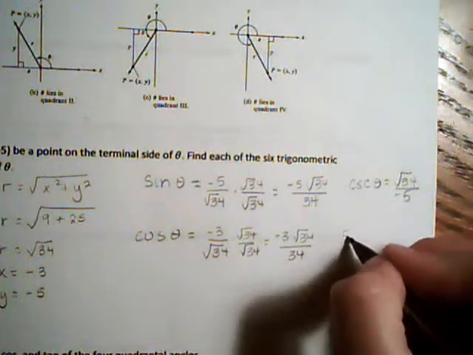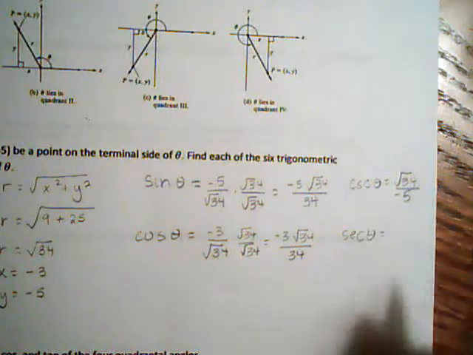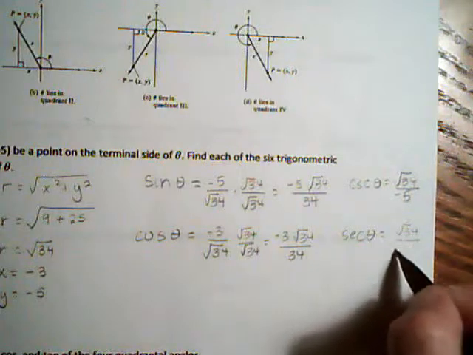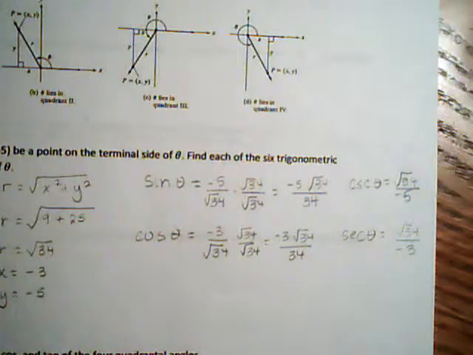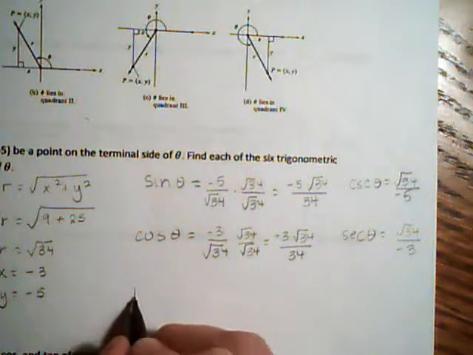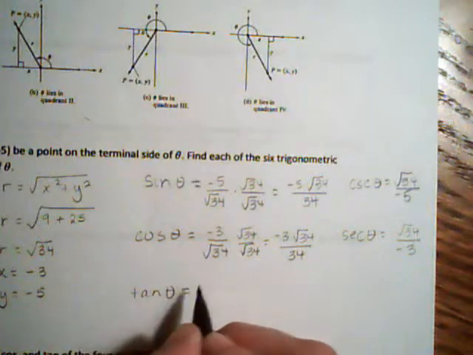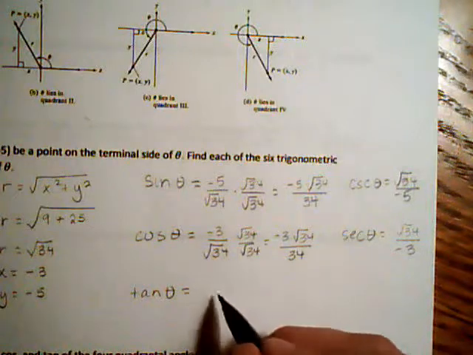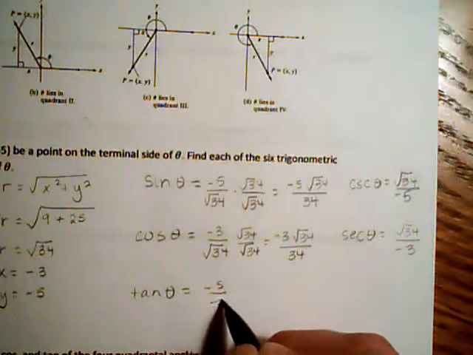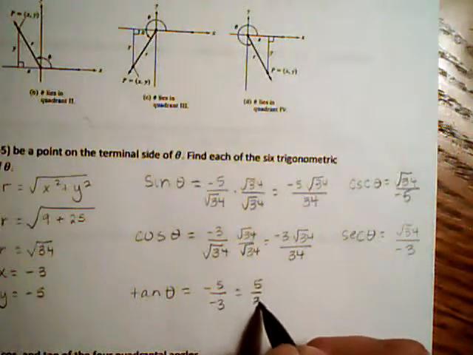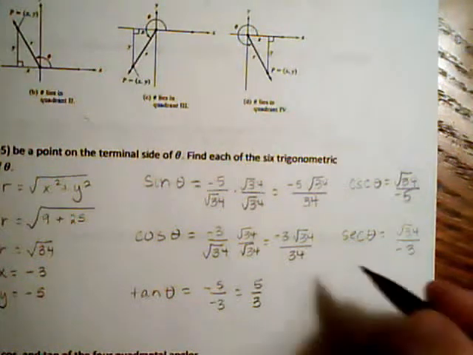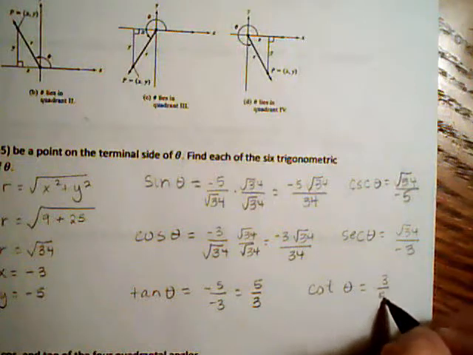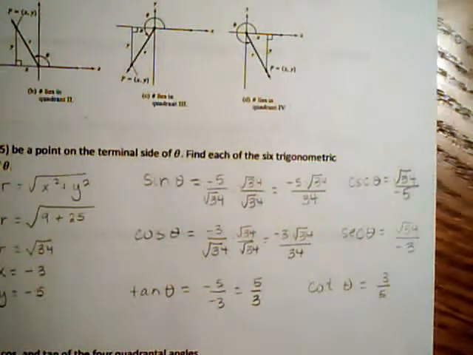The reciprocal, the secant of theta, would be square root of 34 over negative 3. And then the tangent of theta would be y over x, so negative 5 over negative 3, which would just be 5/3. And the cotangent of theta would be 3/5, the reciprocal.